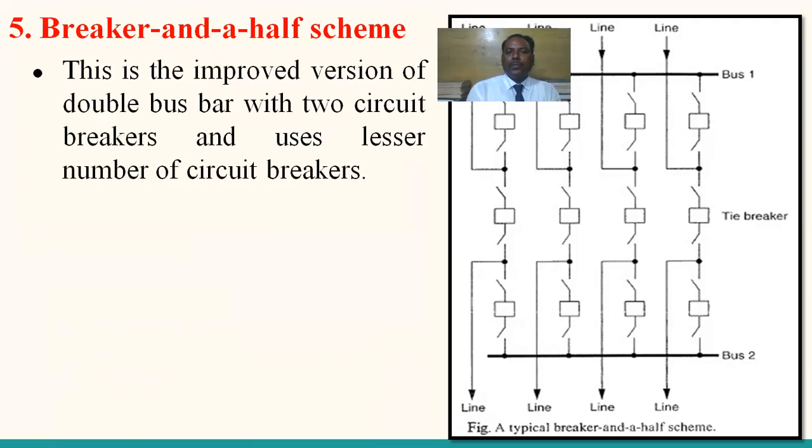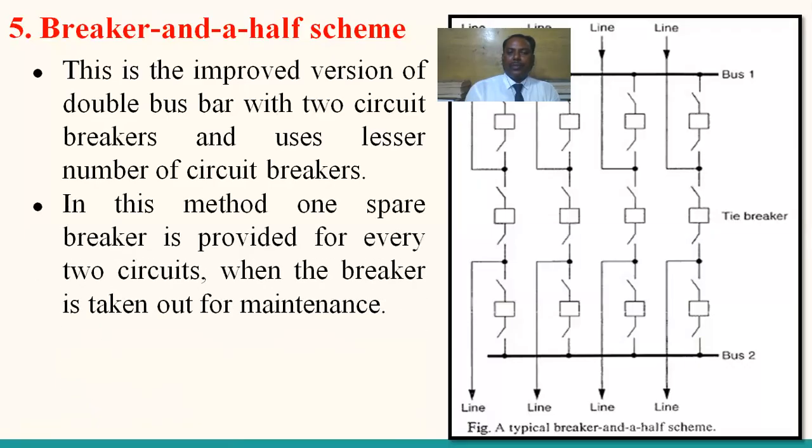This is the improved version of double bus bar with two circuit breakers and uses a lesser number of circuit breakers. One additional breaker is sharing the operation of the rest of the two. In this method, one spare breaker is provided for every two circuits, and a breaker can be taken out for maintenance.